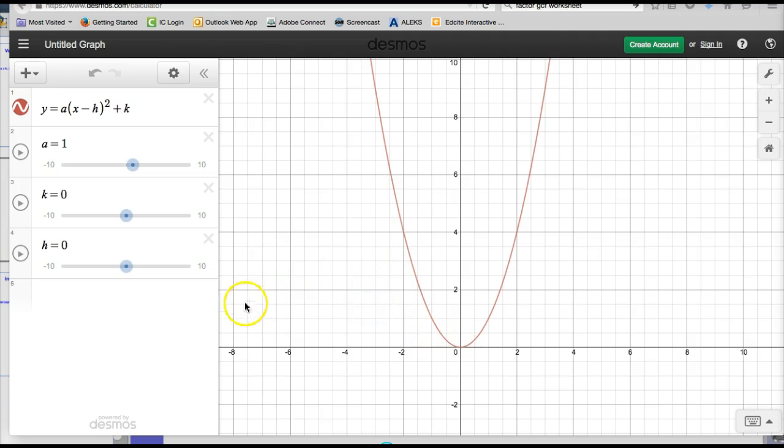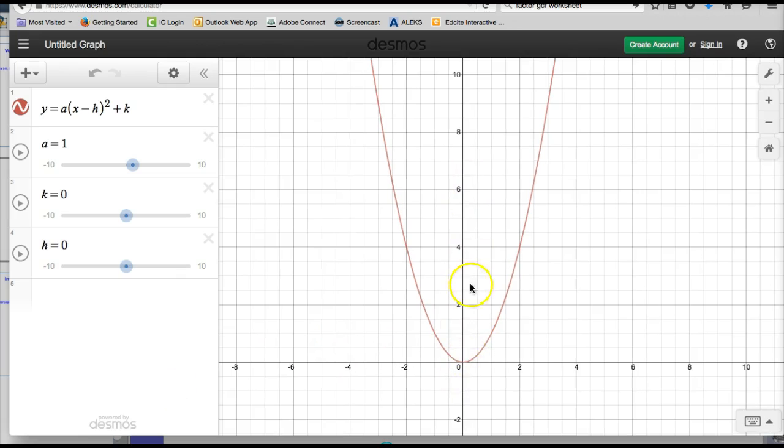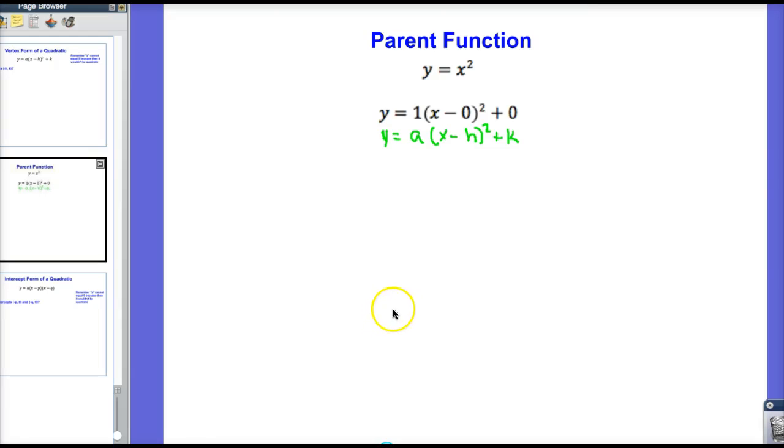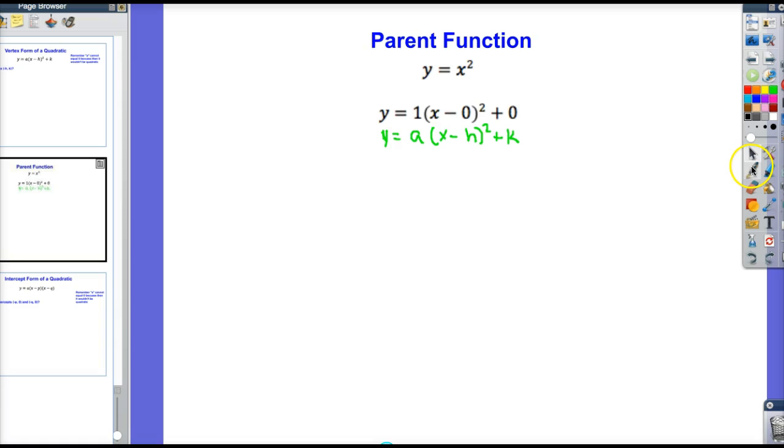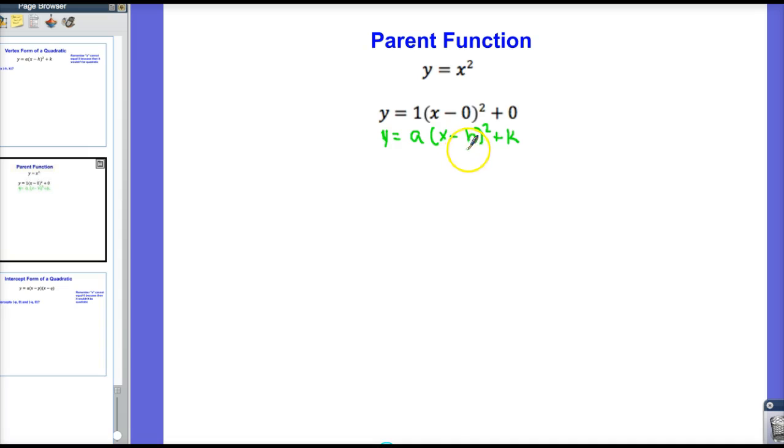Okay, so let's look first at k. K tells us that that is the y point of your vertex, so that's going to be up and down. So if we stay on the y-axis, then x has to be 0. So if x equals 0, and we know h equals 0, because we're not going to move from that, 0 minus 0 is just 0.